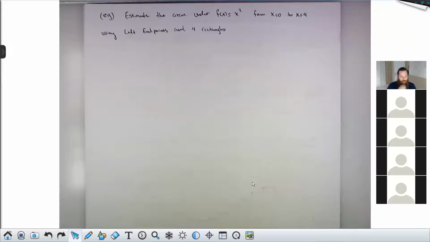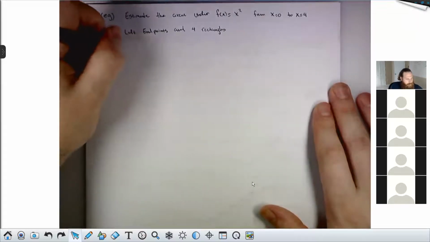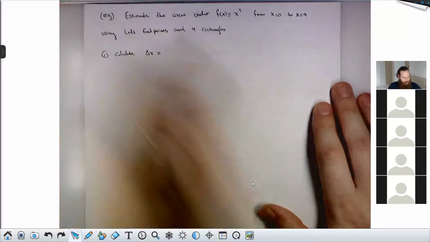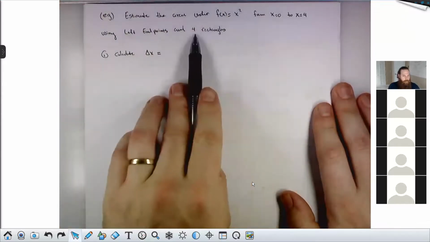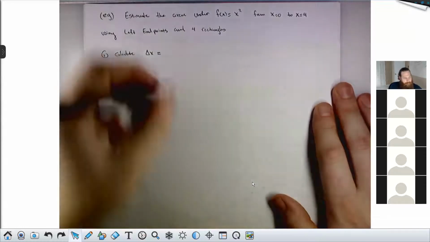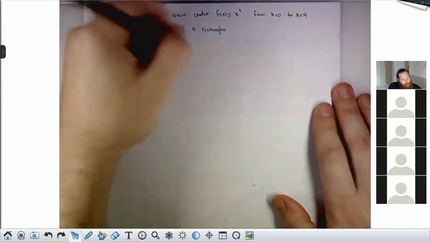First, I just want to go through this example. Your first step, as always, calculate delta x. If you think about the picture, it's still this function, still from 0 to 4, still 4 rectangles. So delta x is still going to be 1. But you can always use this formula, b minus a over n.